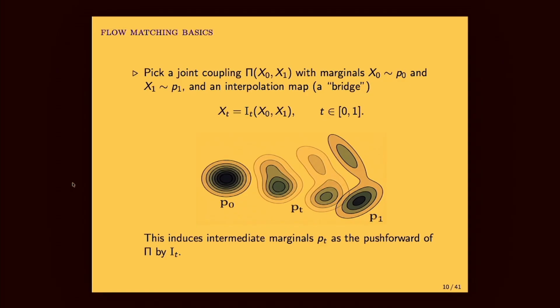And then you construct this interpolation map x_t, where the time t goes from 0 to 1. And then this map induces a marginal p_t as the push forward of pi by the interpolation map I_t, right? For example, p_0 can be a simple Gaussian, and p_1 can be the mixture model that we have here.